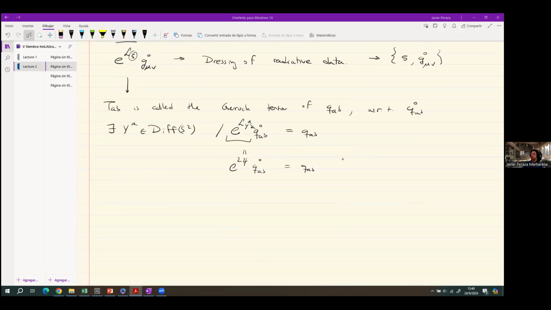So if psi is the diffeomorphism associated to the vector field, we construct the change in the volume element, which of course has to remain invariant, but we have to construct this anyway.